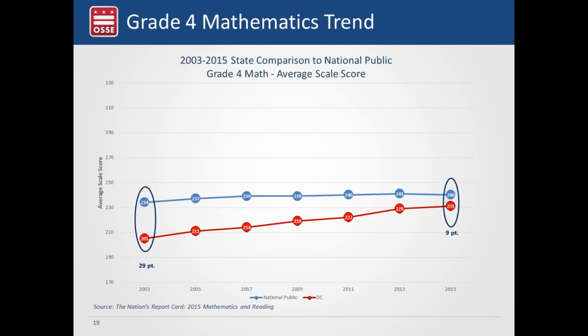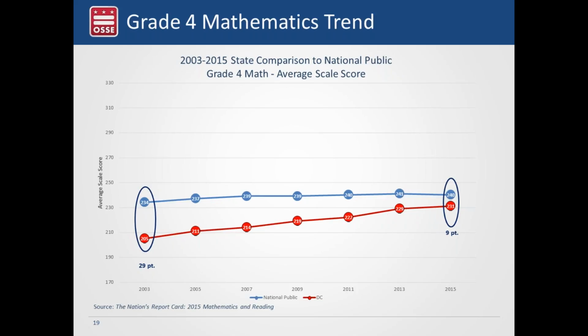These next slides will be examining the state trend results compared to the national public trend results, starting back in 2003 up to 2015. The blue line represents the national public, and the red line represents the District of Columbia, all participating schools.